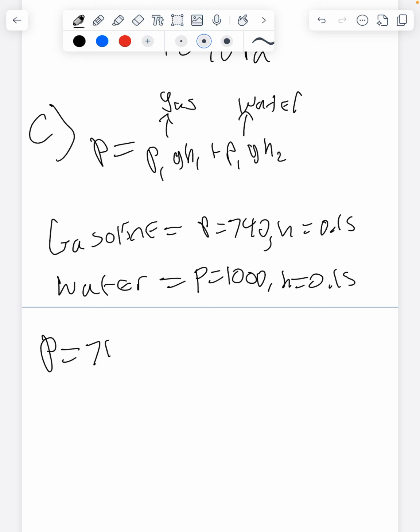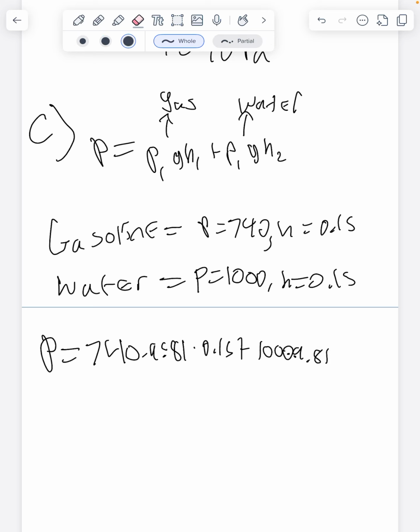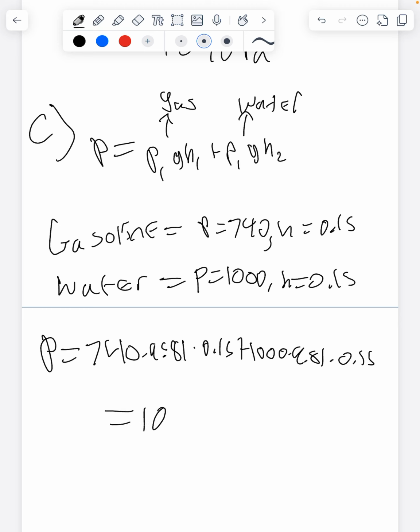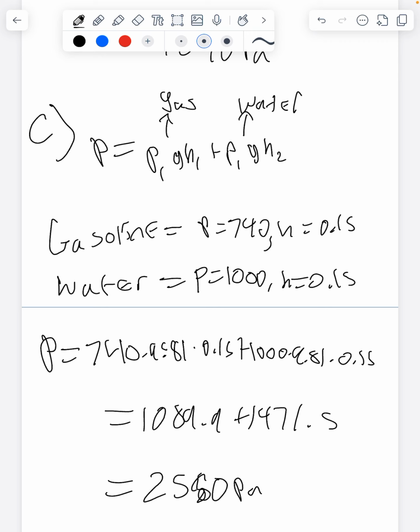P equals 740 times 9.81 times 0.15 plus 1,000 times 9.81 times 0.15, and that should equal 1089.9 plus 1471.5, which is approximately 2560 Pa.